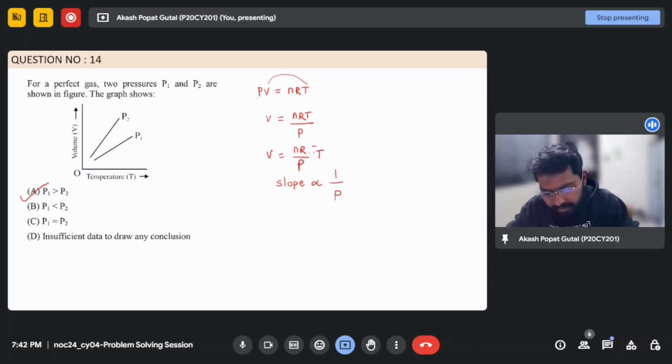So the slope is higher for P2 and lower for P1. With this inverse relation, P2 will have the lower value of pressure. This question was also asked in the JEE Mains exam.